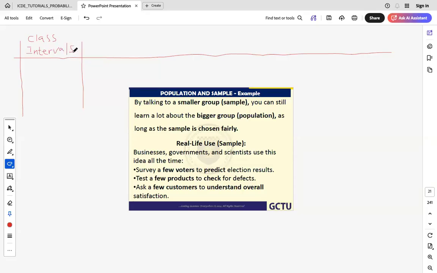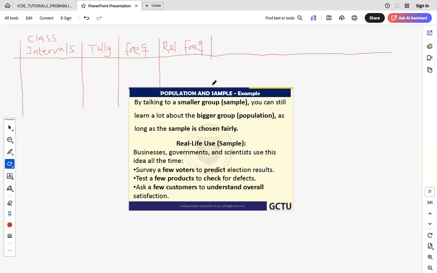Then from our class intervals, we do our tally. From our tally, we have our frequency. After the frequency, we'll have our relative frequency.